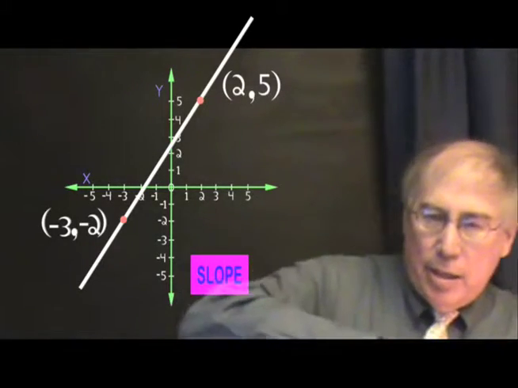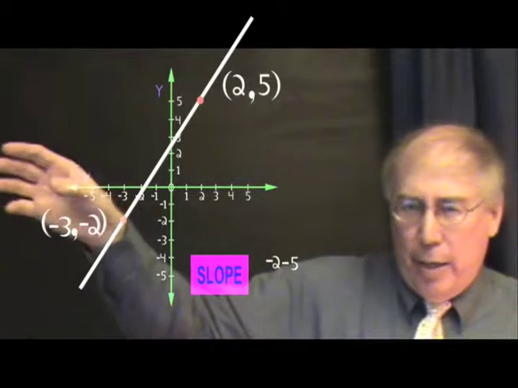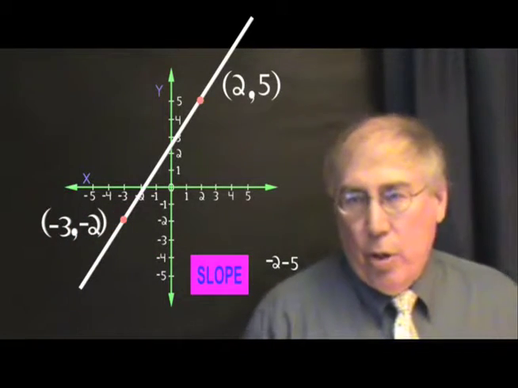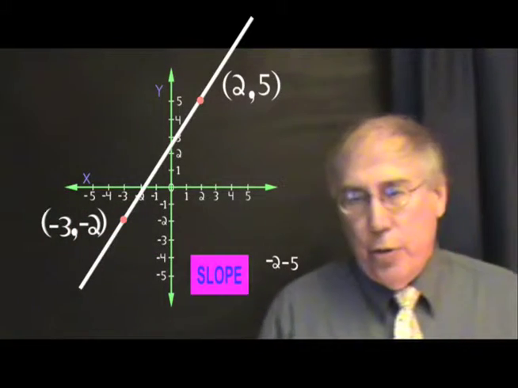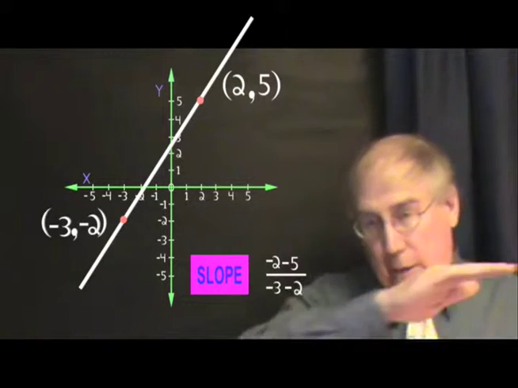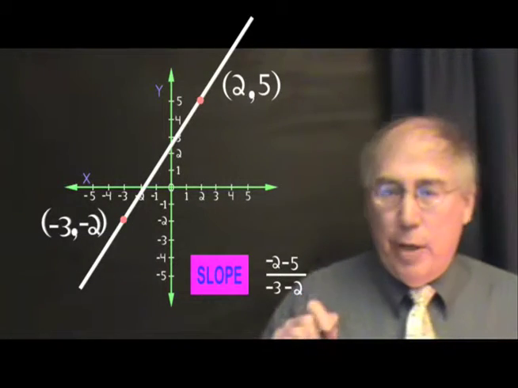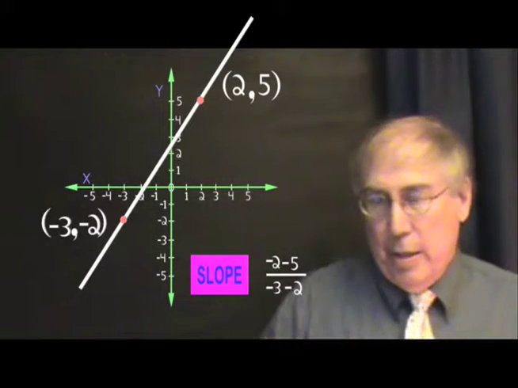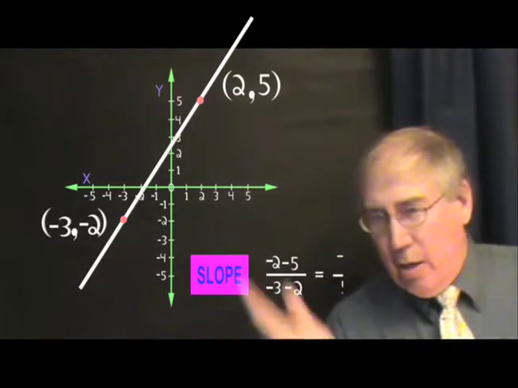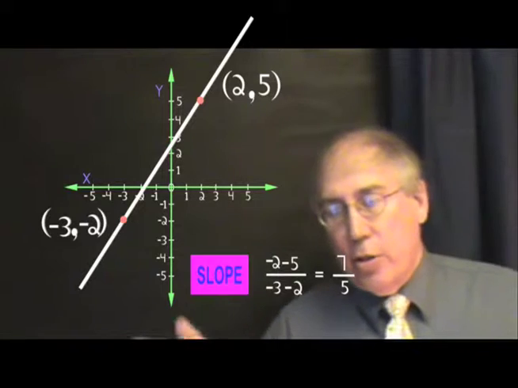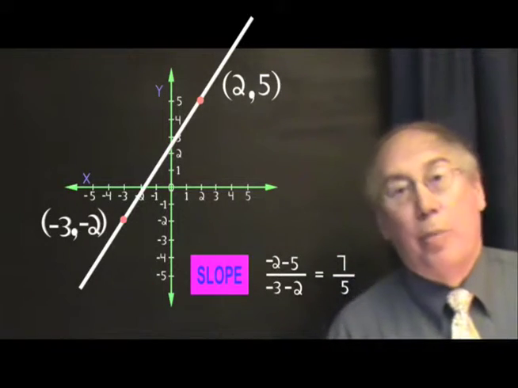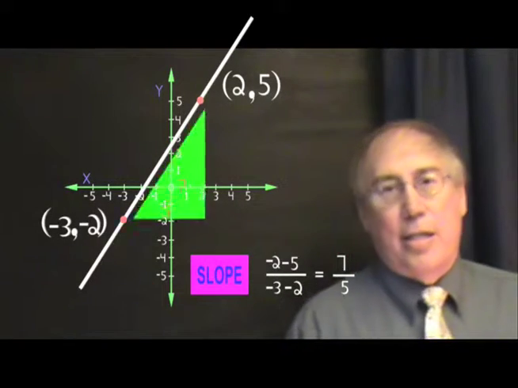So this time, let's subtract the upper point from the lower point. So we'll go -2 minus 5, and that'll go in the numerator. And then the denominator will be -3 minus 2. And notice that our line is sloping to the right, so we get a positive slope, which in this case is 7/5.